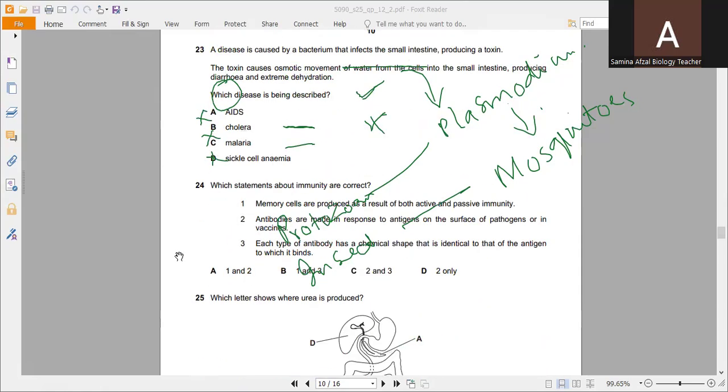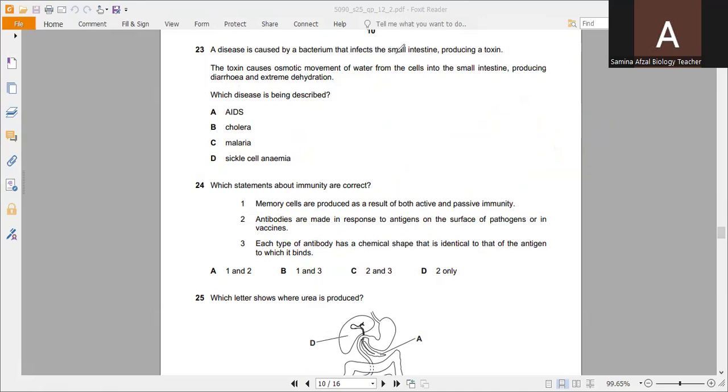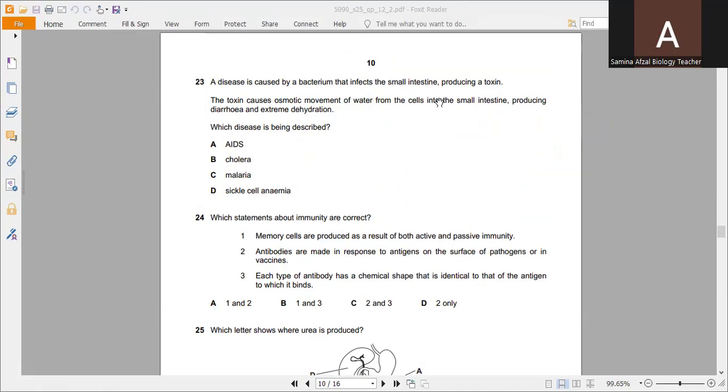Question number 23 is: a disease is caused by a bacterium that infects the small intestine, producing a toxin. The toxin causes osmotic movement of water from the cells into the small intestine, producing diarrhea and extreme dehydration.